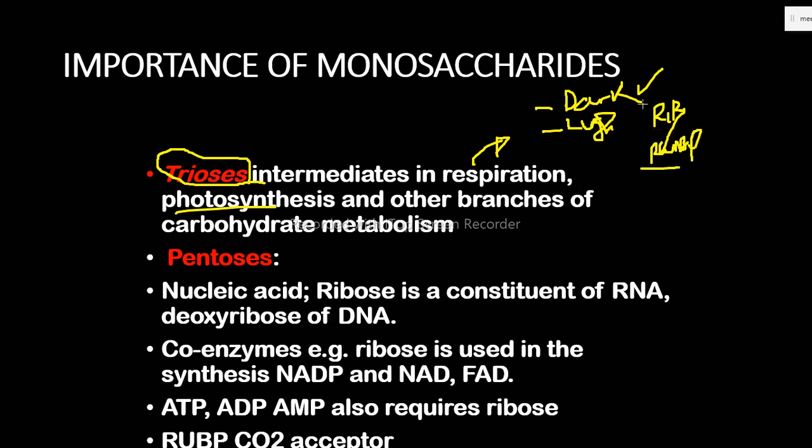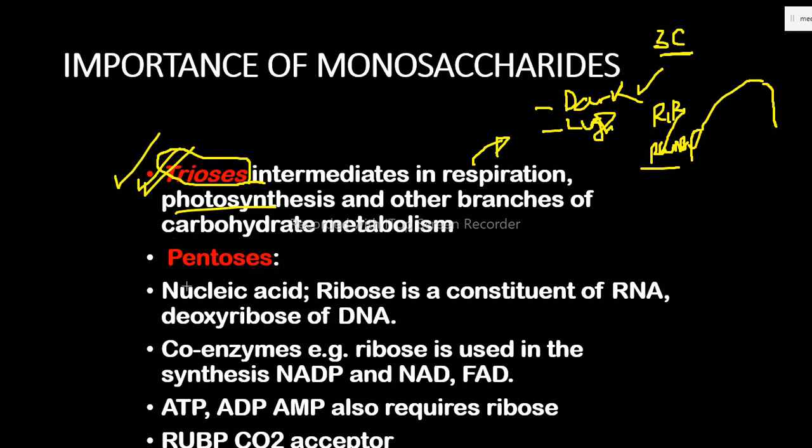This ribulose bisphosphate accepts carbon dioxide to form a 6 carbon intermediate product, which splits to give 3 carbon compounds: 3-phosphoglycerate, which is then reduced to form glyceraldehyde. So you can see in all, you still find the triose sugars.